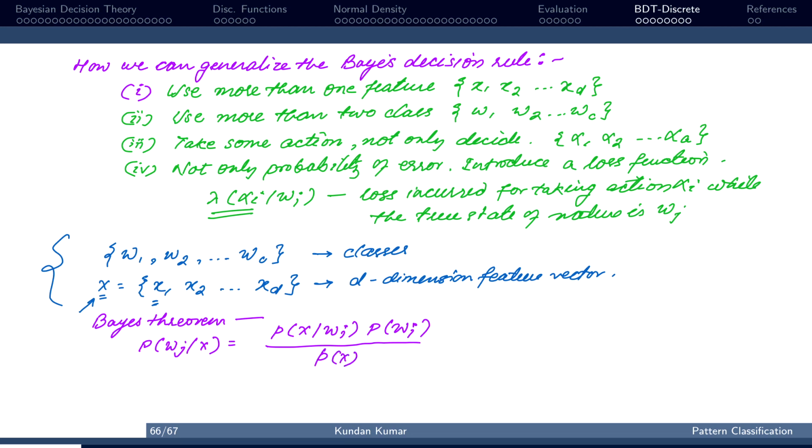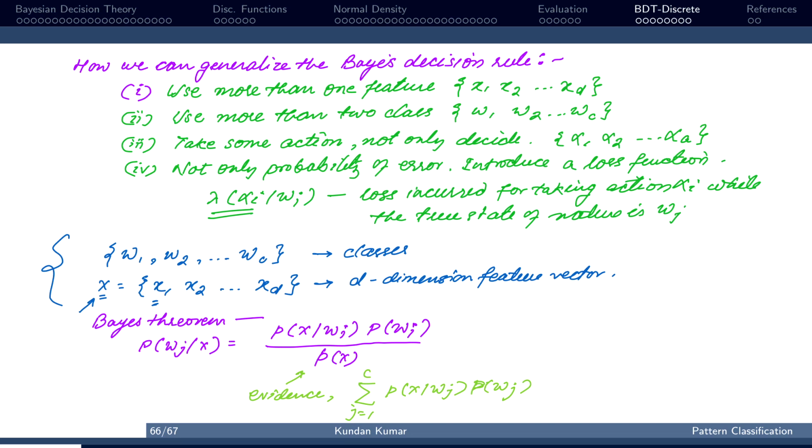Here P of x is the evidence, and it can be calculated as the likelihood into the prior probability of the jth class, taking the summation over all the classes.